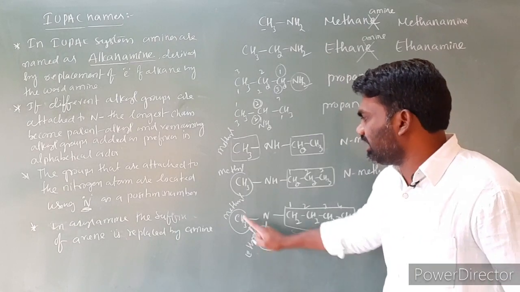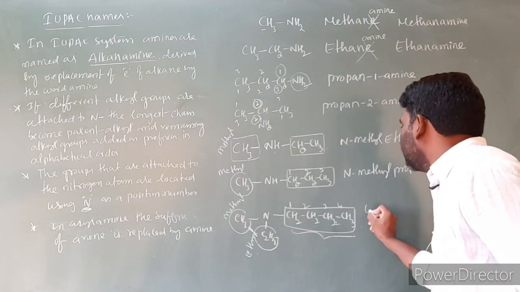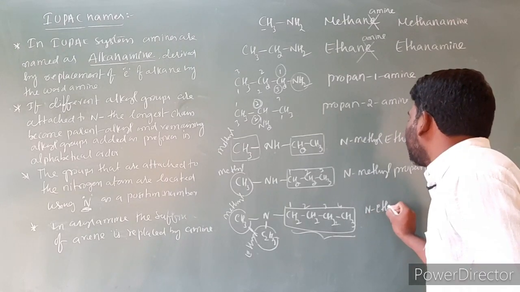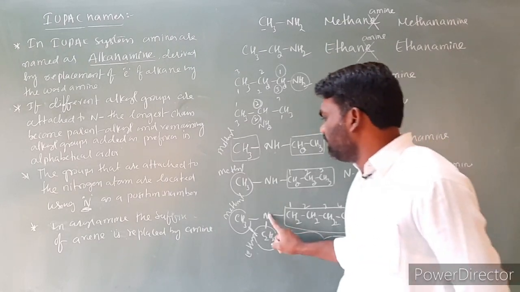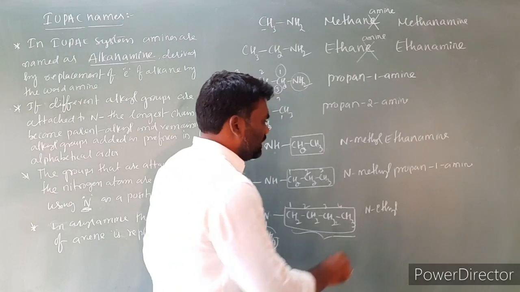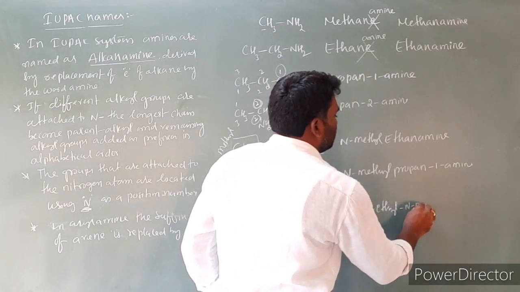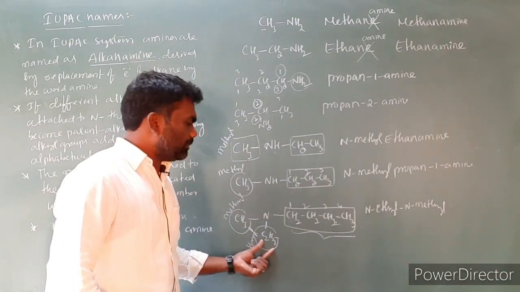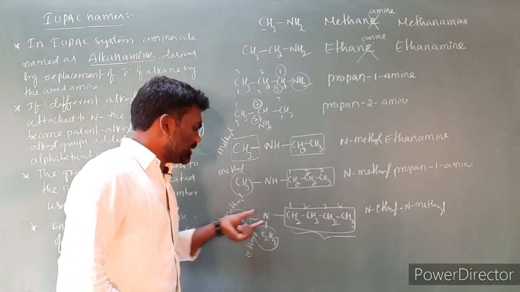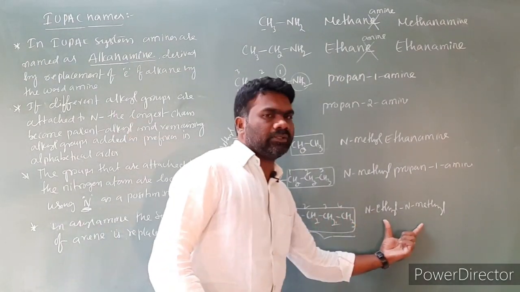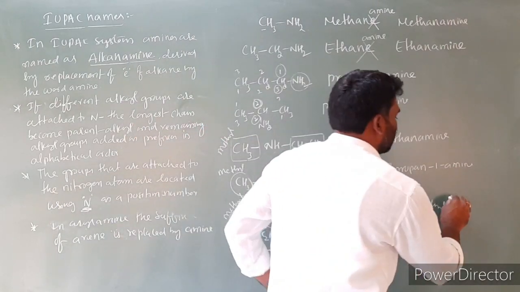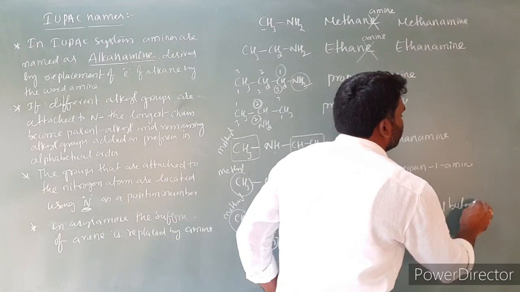First we write E, then M. The name is N-ethyl, N-methyl. The ethyl group is attached to nitrogen, and the methyl group is also attached to nitrogen. 1, 2, 3, 4 carbons, so we write butane.